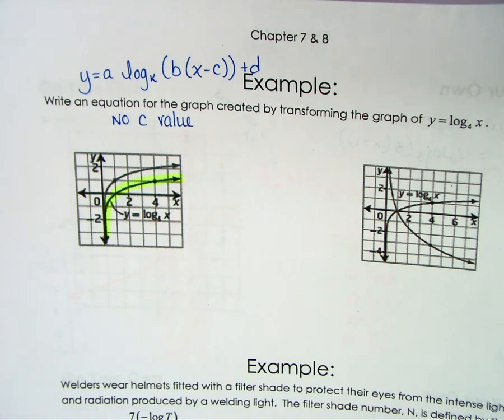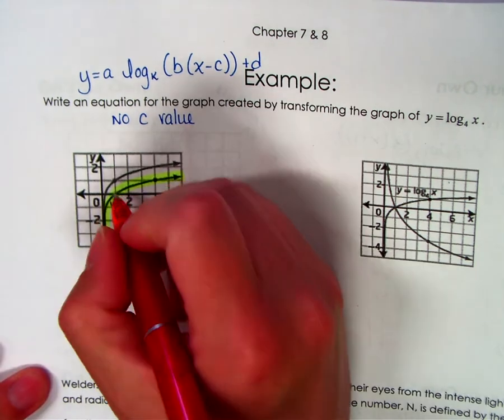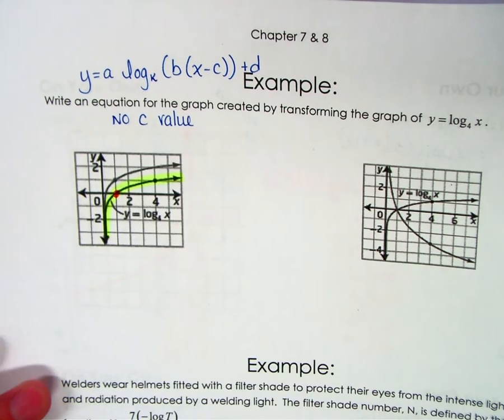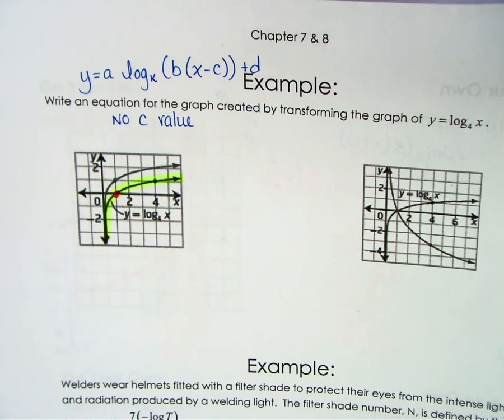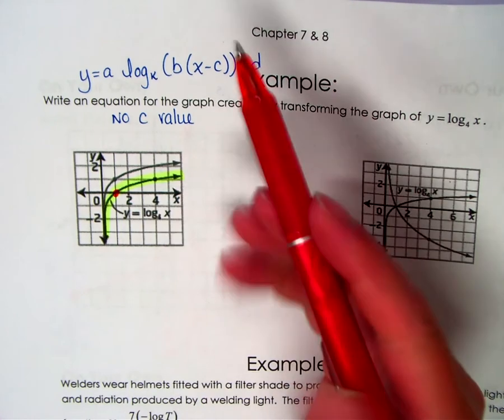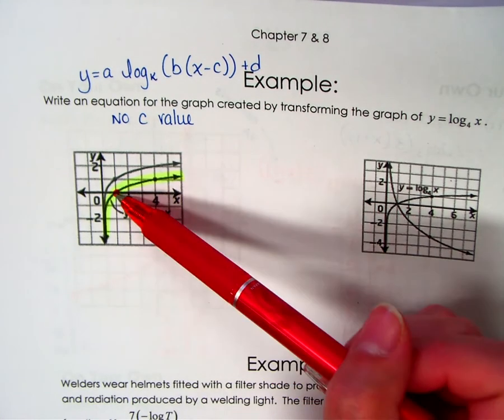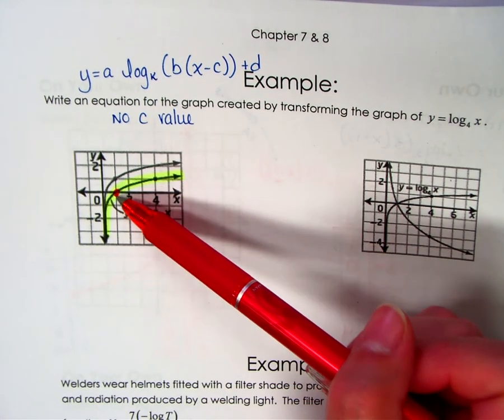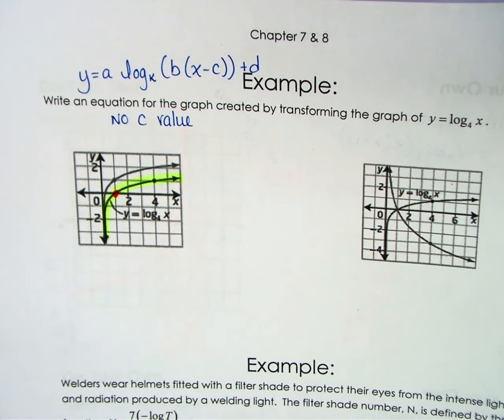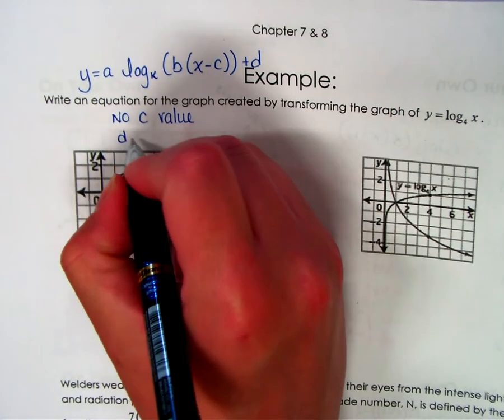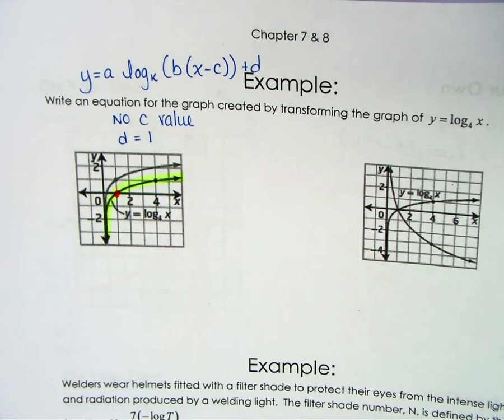It's at 1. So this point right here, because any stretch applied to that, what happens? At 0, this vertical stretch isn't going to matter. So we know at this point, where's that point transformed to? So what do we know D is? So D is a positive 1.